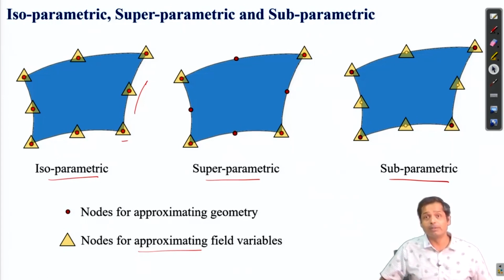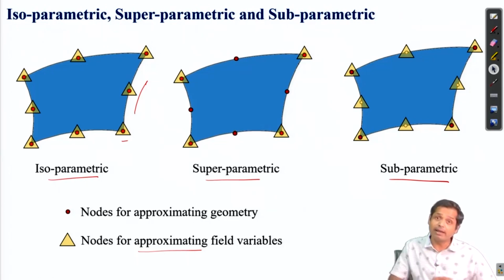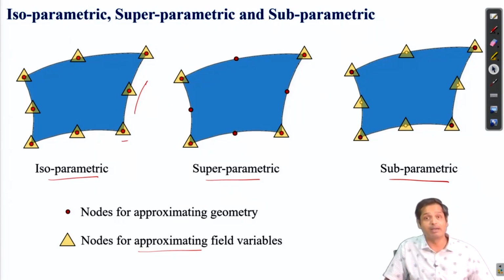completeness is one important thing we have seen. We have seen that for global continuity, the minimum requirement is that we should have global C0 continuity. Within an element, our approximation should be such that a linear field can be approximated. Our shape function should be such that a linear field can be approximated. That is the minimum requirement.